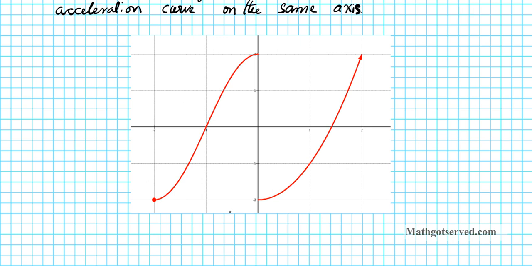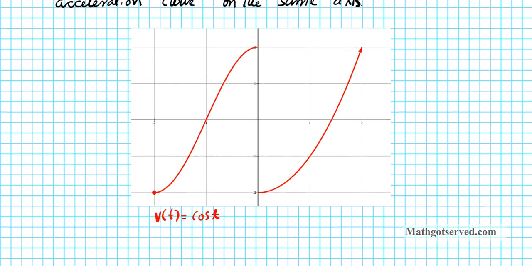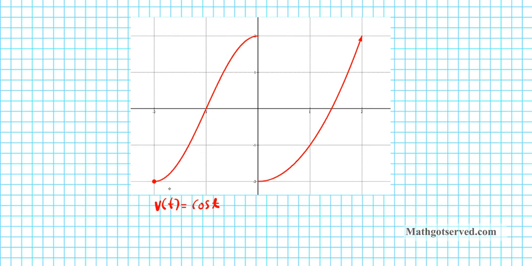Okay, so let's just call this a cosine function, so v of t is equal to cosine t. This is not being 100% precise. I'm just going to act as though this is your standard cosine function, all right? So on this interval to the left, this is an equation that models the behavior of the curve.